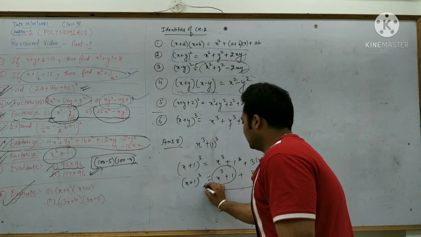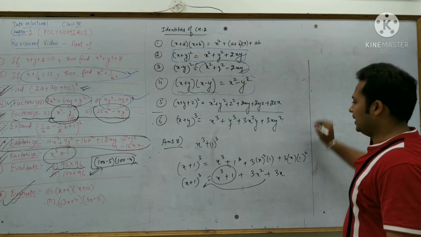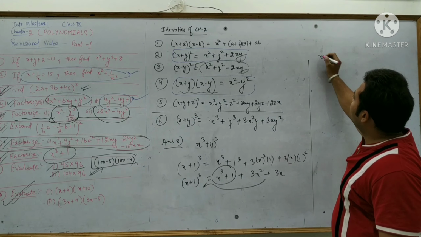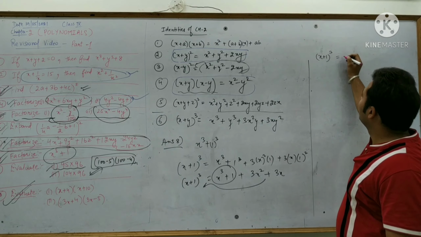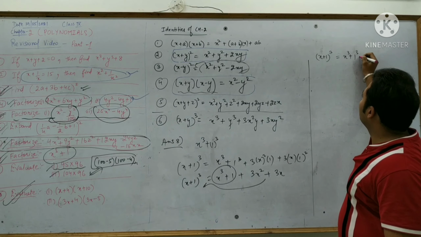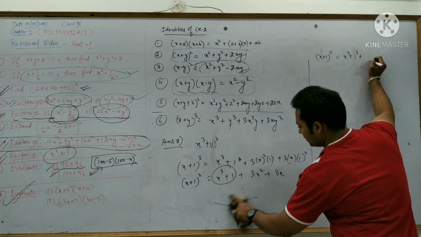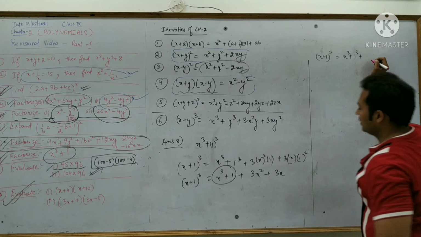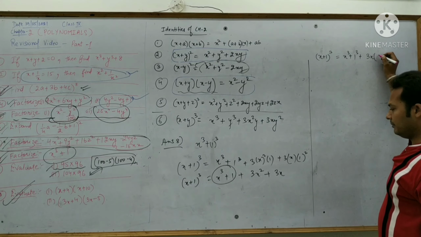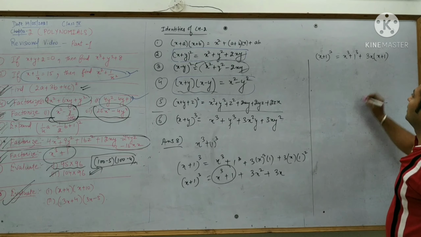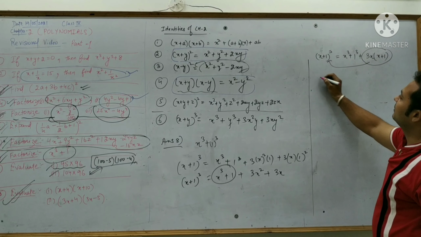So this will be equals to, take these to the left hand side, x plus 1 whole cube is equals to x cube plus 1 cube plus, take just common factor between these two. What is common between these two? It is 3x, and behind it we are having x plus 1. Now take this to the left hand side.